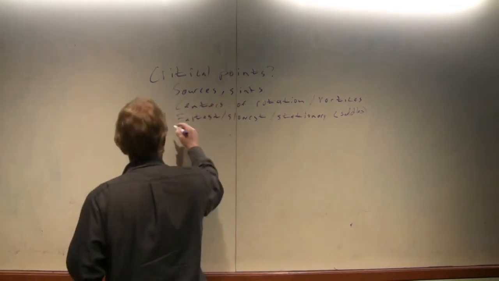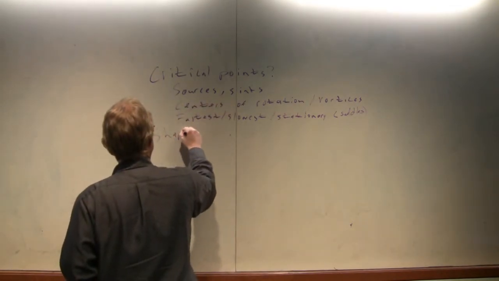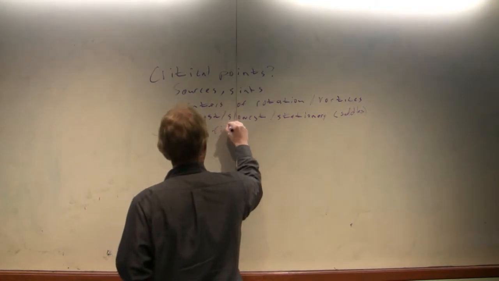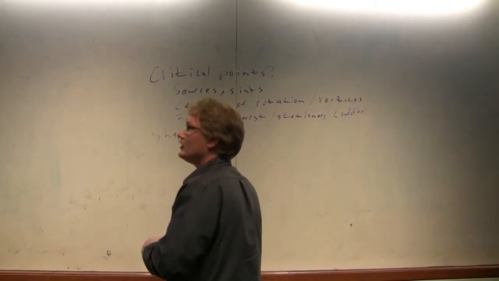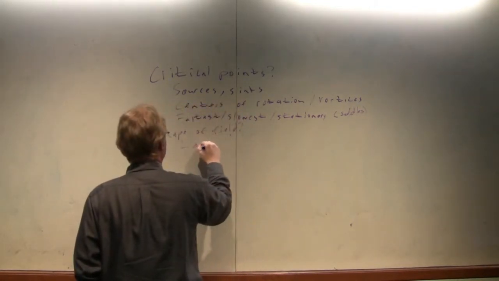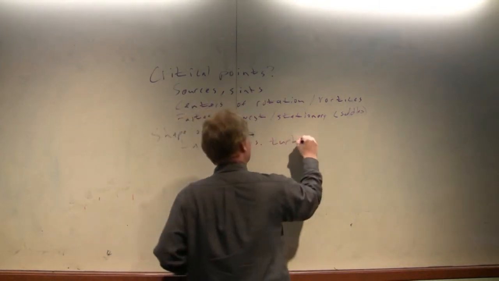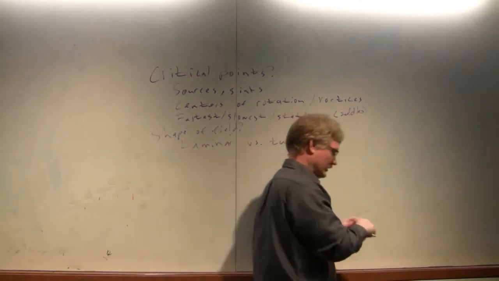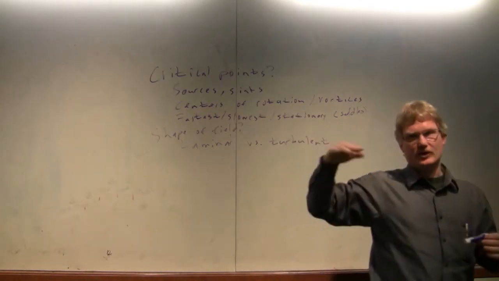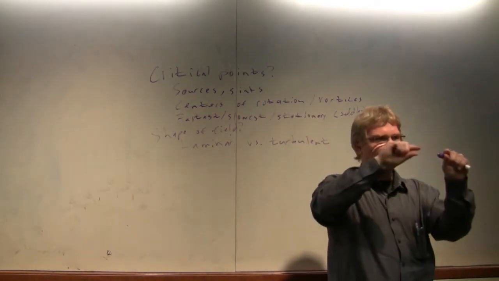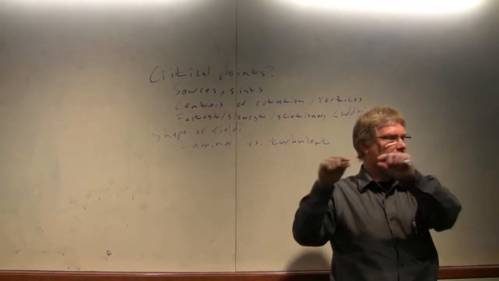Then there's also what's the shape of the field, right? And so where's laminar versus turbulent? Let me explain this. Laminar flow is a flow where every nearby point is very close in velocity to its neighbors.